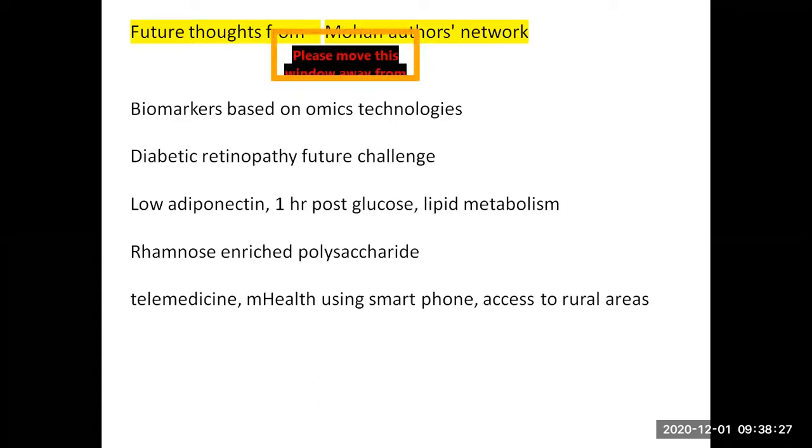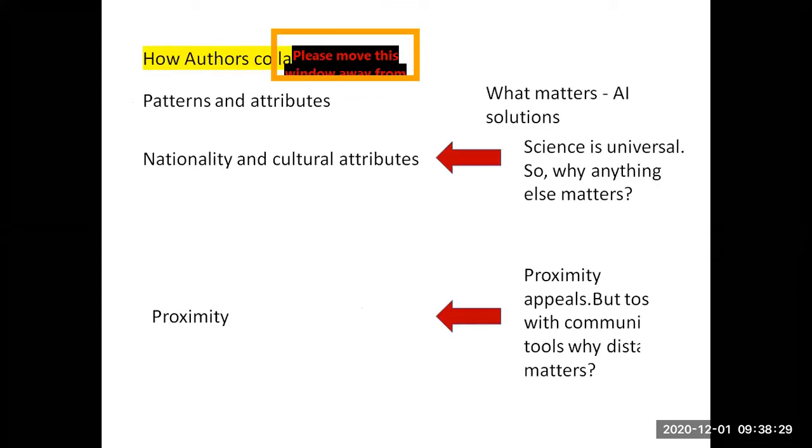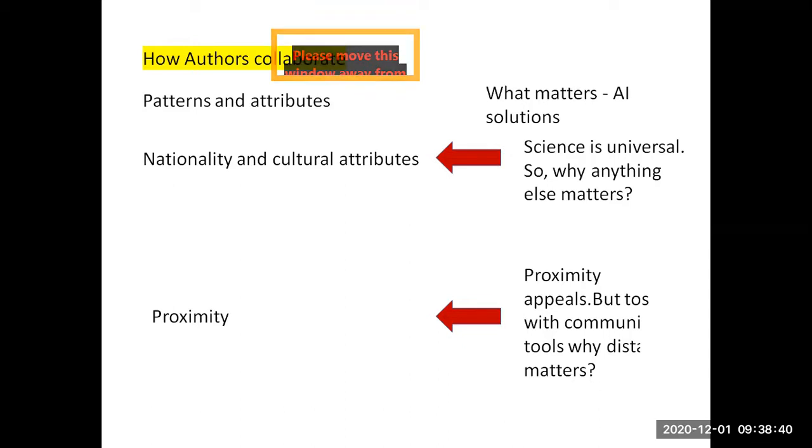Moving on, how authors collaborate. So I came to that very fundamental question. And so I drew up these patterns and attributes all from this work only. So you can see nationality and cultural attributes. That is very clearly coming as prominent. No doubt about that. Now the question is, if science is universal, then why should this matter?